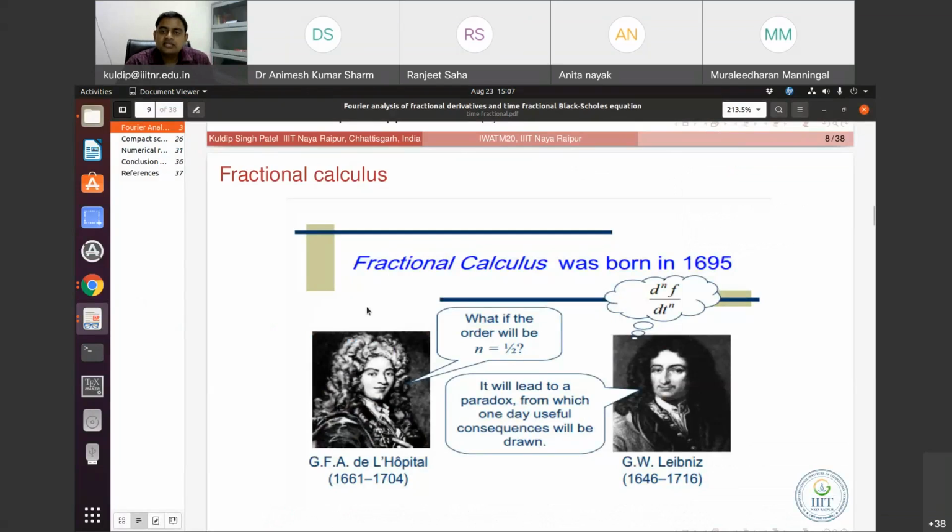So we have discussed fractional calculus, option pricing, machine learning, and fractional differential equations. I'll go through fractional calculus once more for the sake of completeness. I'll be talking only on the numerics of fractional differential equations.